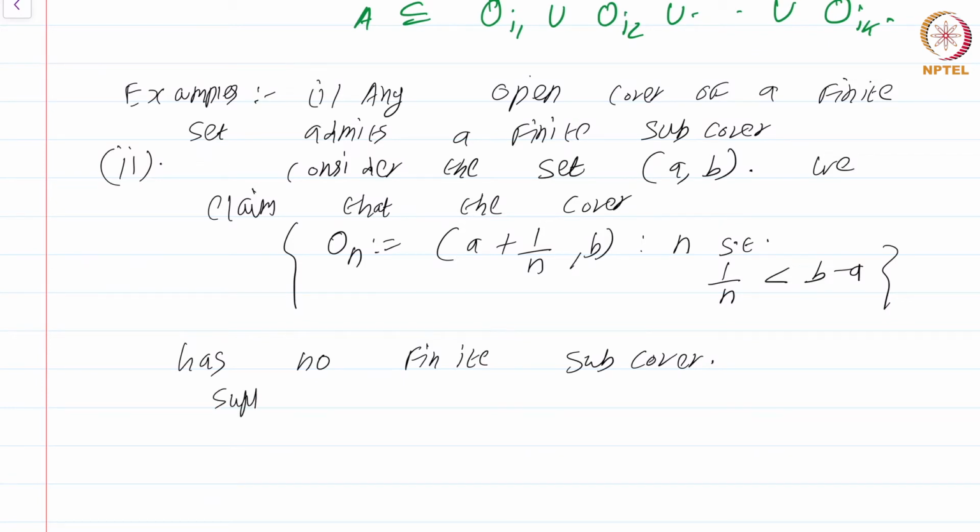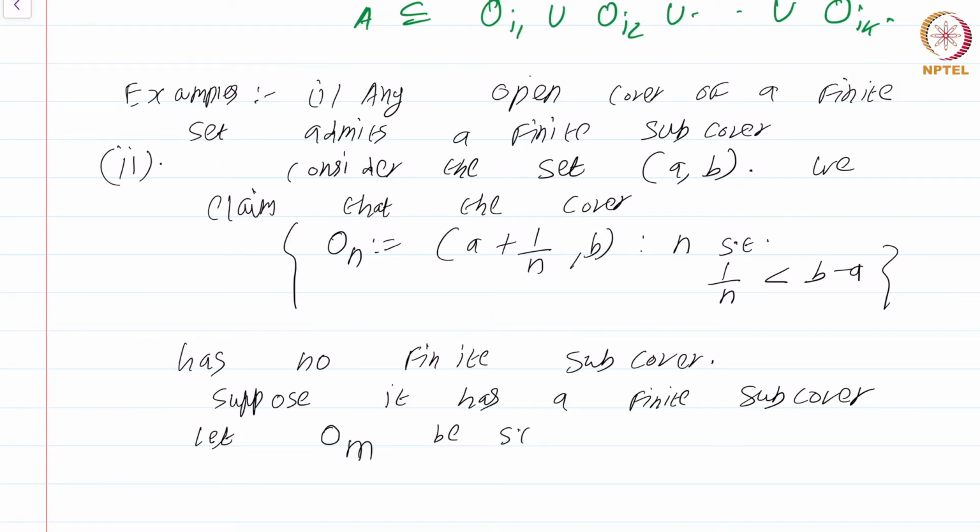Suppose it has a finite subcover. Let O_m be such that m is the largest index in this subcover. Well, this is a finite subcover. It consists of elements of the form (a + 1/n, b). There must be a largest such m.